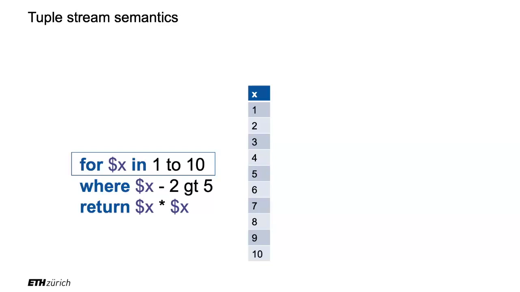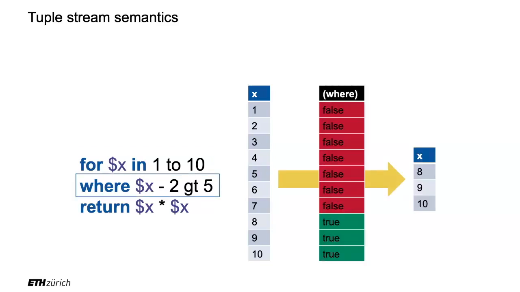So X is bound in turn to the integers from 1 to 10. Then the where clause is going to filter by executing the predicate on every one of the bindings, every one of the rows, getting false or true. And you only keep those for which the where evaluation is true, 8, 9, 10, and you return that. Now you have a new list of bindings of X to just 8, 9, and 10. Who is with me? Right?